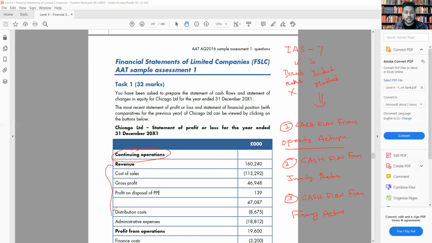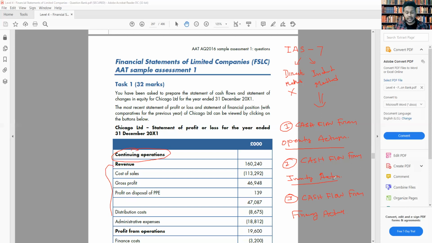The next one is cash flow from the investing activities. This one is all about if we sell any non-current asset, or if we buy any non-current asset. For example, if we sell any non-current asset, cash will come into the business. If we buy any non-current asset, that will obviously be an outflow for the business.